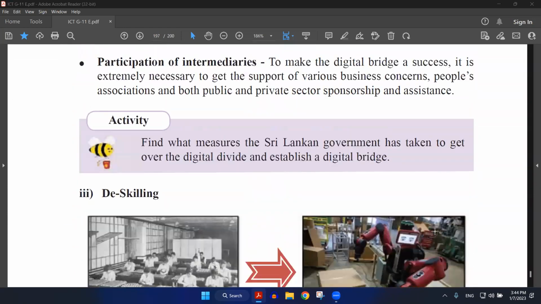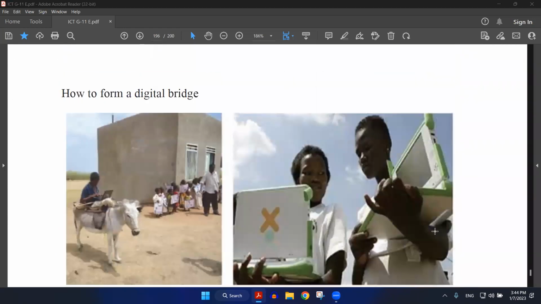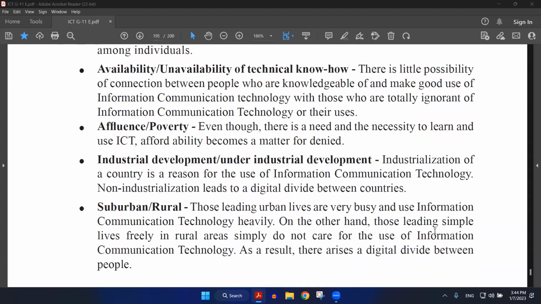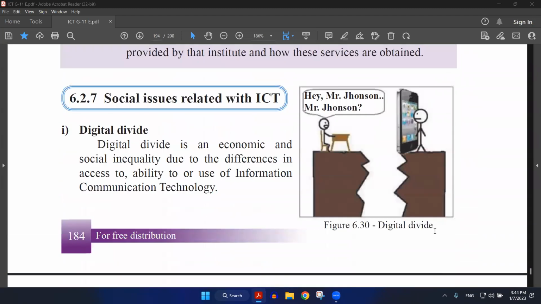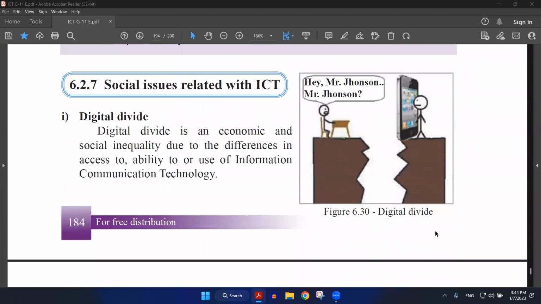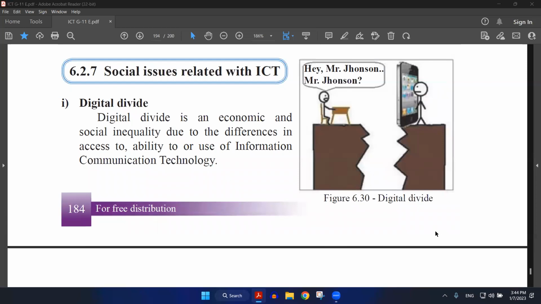Okay, so the very first social issue that they are talking about is the digital divide, right? So why is there something called the digital divide? Digital divide is defined as the economic and social inequality due to the difference in access to, ability to, or use of information and communication technology.